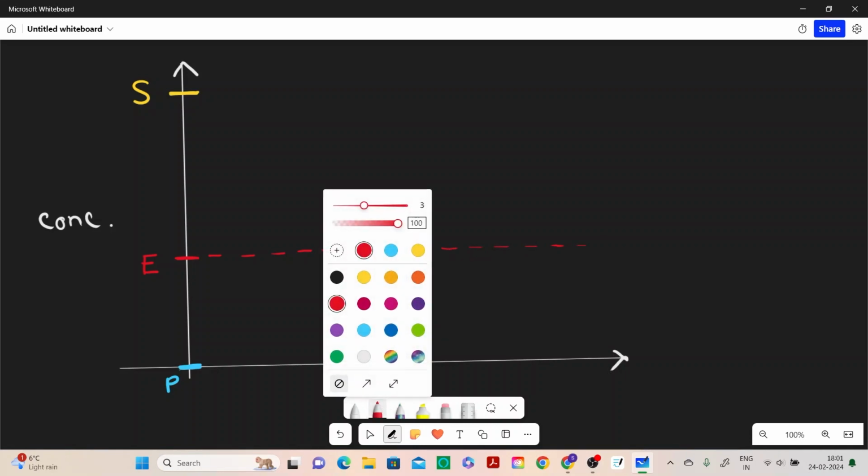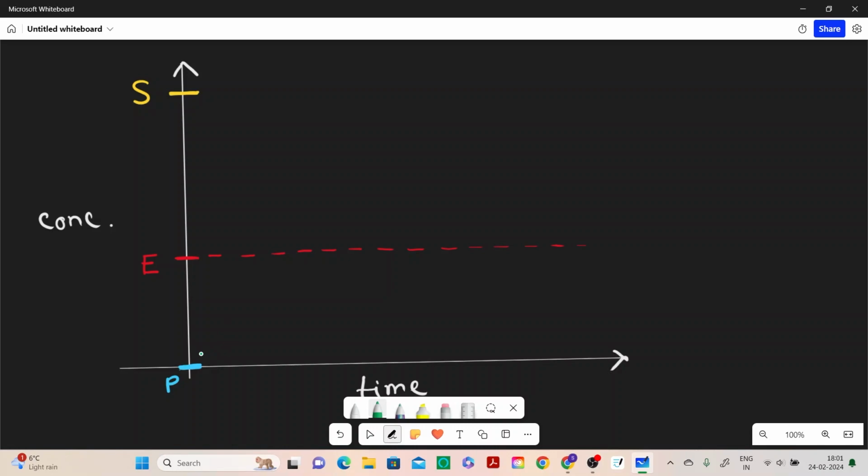As I mentioned before, what happens when an enzyme reacts with the substrate? The enzyme-substrate complex will form, so it will go like this. This is the concentration of the enzyme-substrate complex.